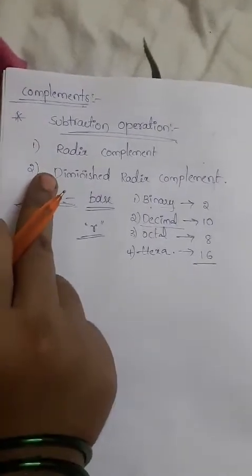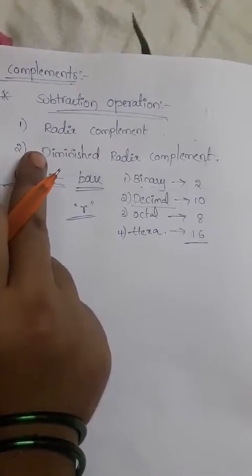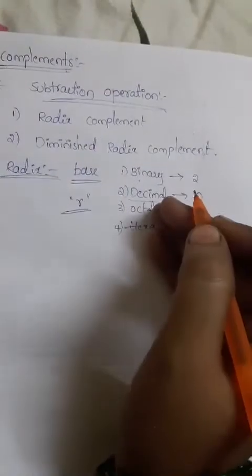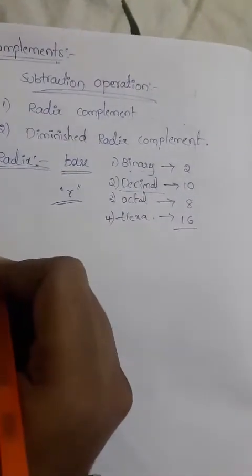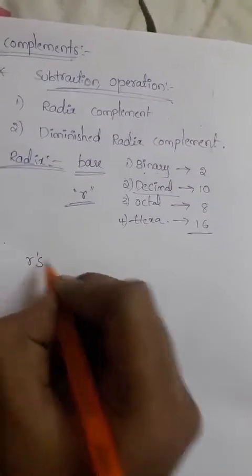The first one is radix complement and the second one is diminished radix complement. The first one is referred to as r's complement.